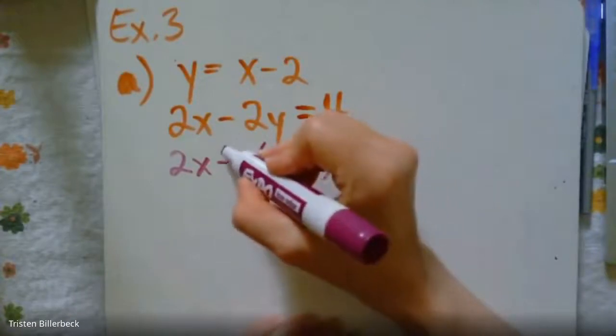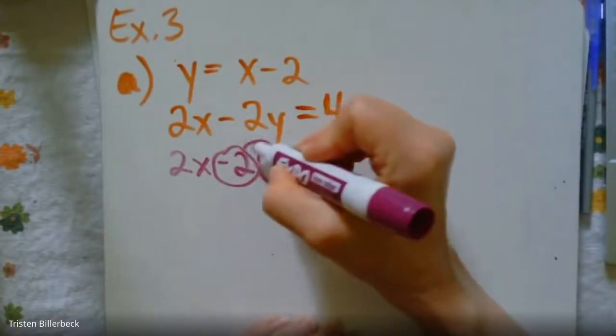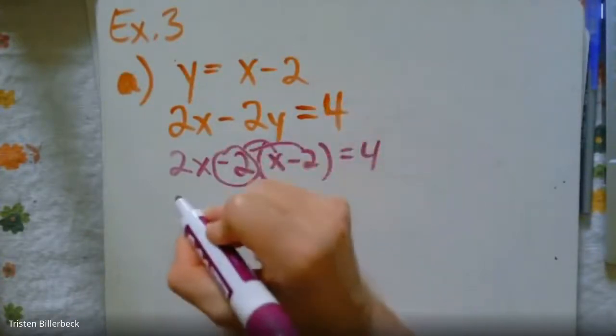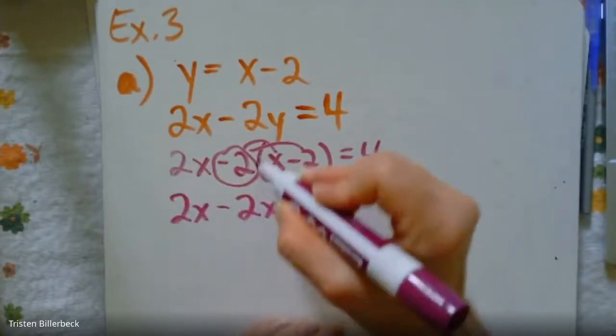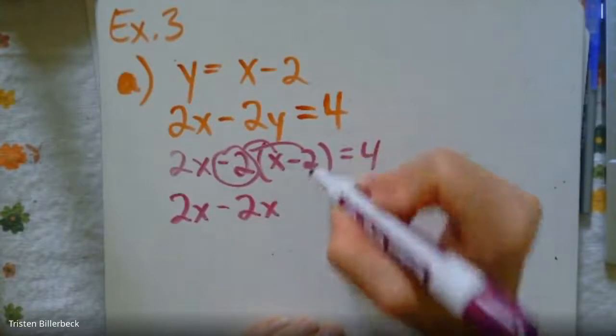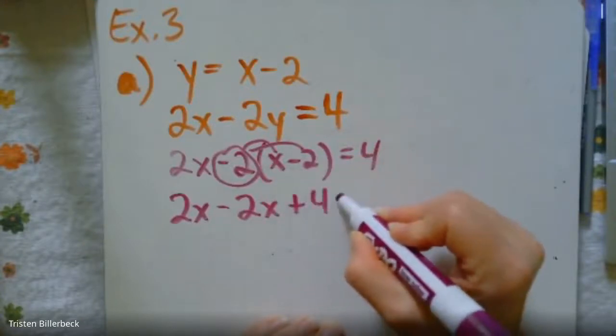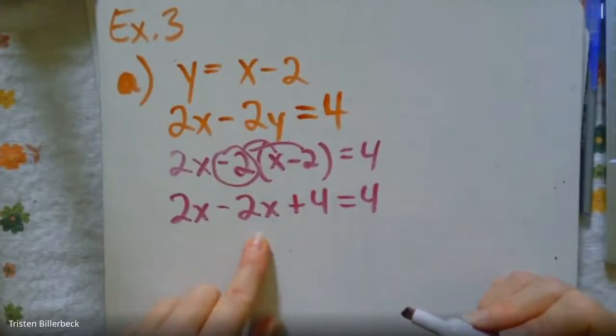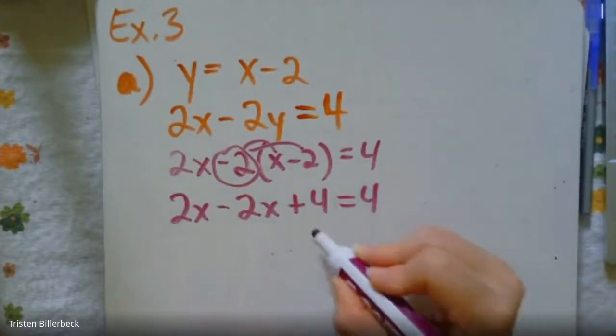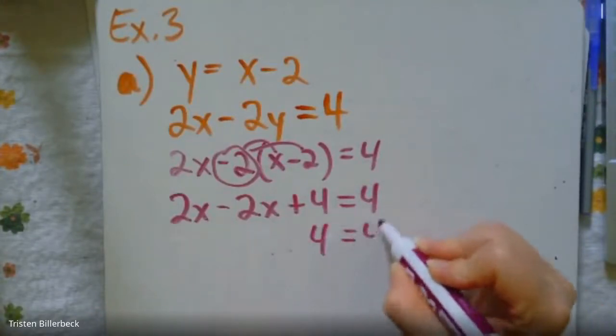So now I'm going to grab this and distribute. So I have 2x minus 2x, and then negative 2 times negative 2 is a plus 4 equals 4. Well, 2x minus 2x is 0. So we end up with 4 equals 4.